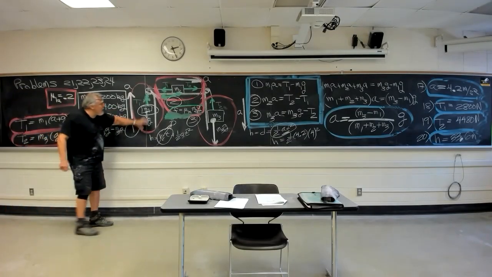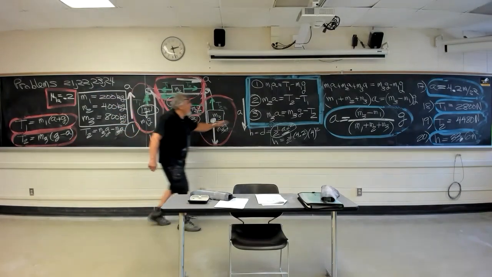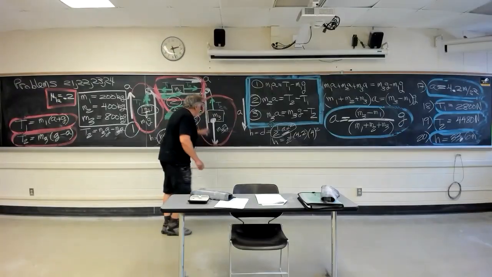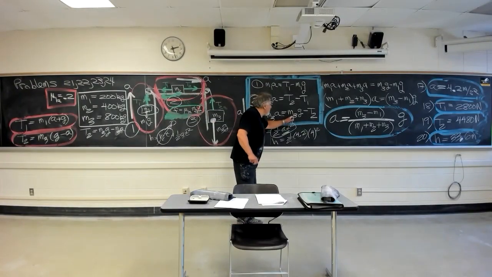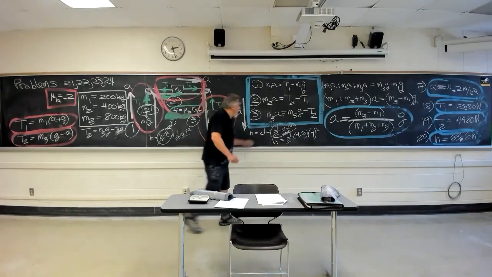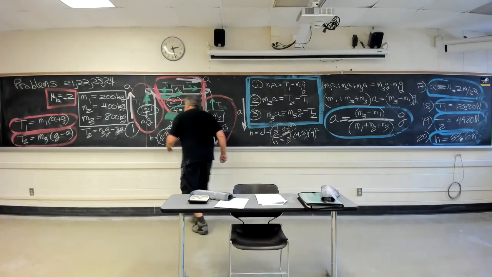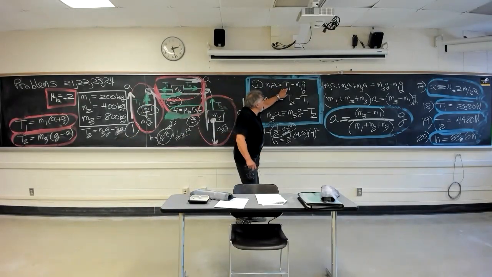T1 minus M1G equals M1A, and M3G minus T2 equals M3A. So M3G minus T2, that difference is M3 times A. For the other one, M1A equals T1 minus M1G.